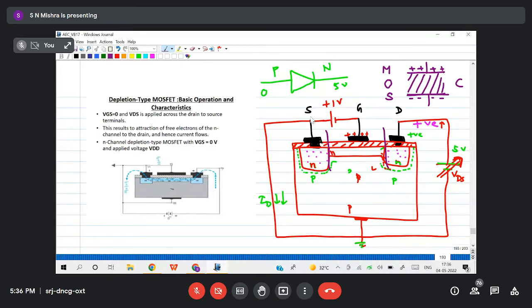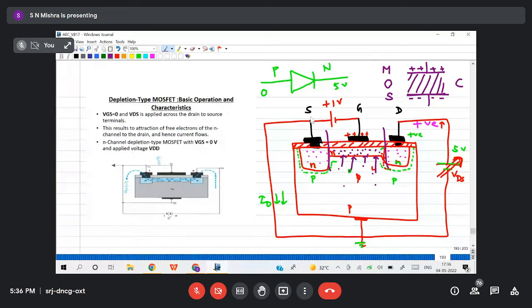When I apply positive voltage across the gate, the electrons which are present in the p substrate, already electrons are available, will now be attracted more due to the positive potential from the p substrate.